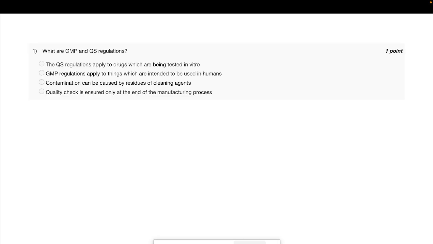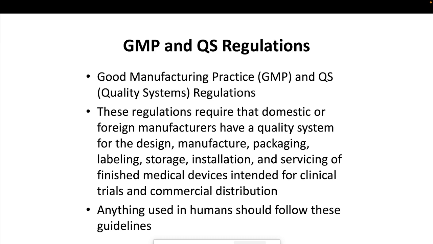Yeah, so the first question was: what are GMP and QS regulations? GMP regulations apply to things which are intended to be used in humans. That was the correct answer. GMP regulations are nothing but good manufacturing practice. The regulatory bodies which are going to give you approval for your drug system need to look at whether you have made the drug in clean, sterile conditions.